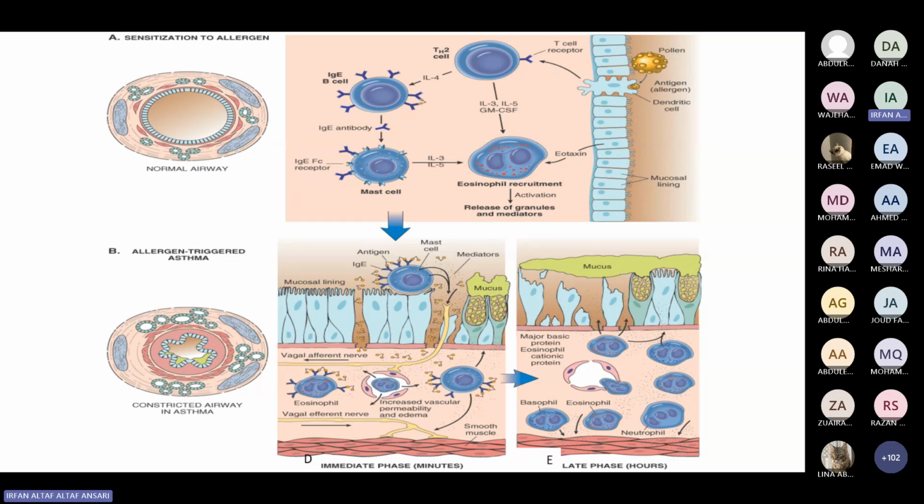There is also recruitment of eosinophils. These eosinophils bring about certain cytokines which lead to edema, and there is major basic protein that will also lead to bronchoconstriction. Later on, you will find more and more eosinophils and hypertrophy of the glands, and those glands will secrete mucus. So this is what happens in atopic asthma whenever there is a trigger in the form of any pollen or any antigen.